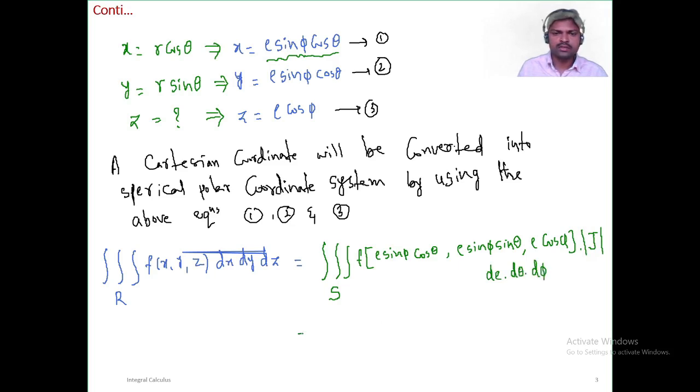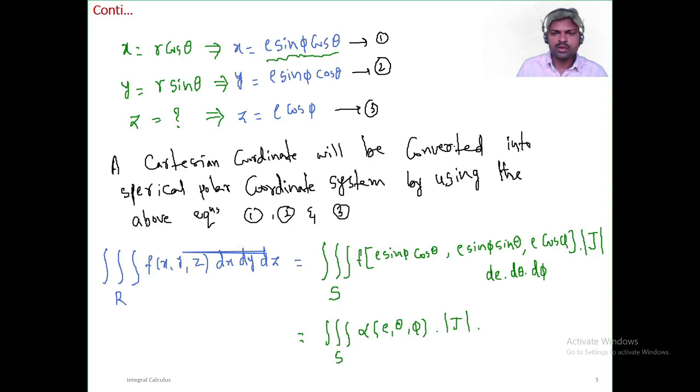So indirectly this will be a triple integration over the region S, over the solid S. Let's call this entire function alpha of rho, theta, phi. It's a new function; I'm just renaming the same function. So alpha of rho, theta, phi into the Jacobian. I need to compute what the Jacobian is next.